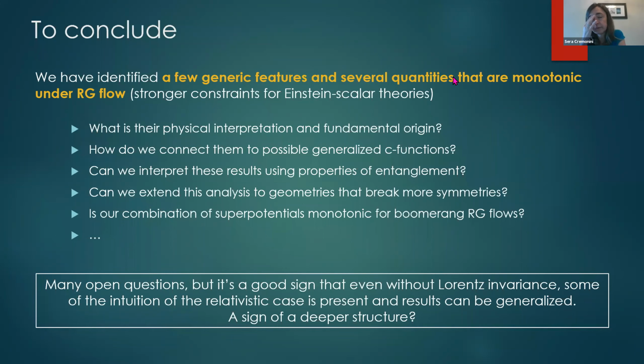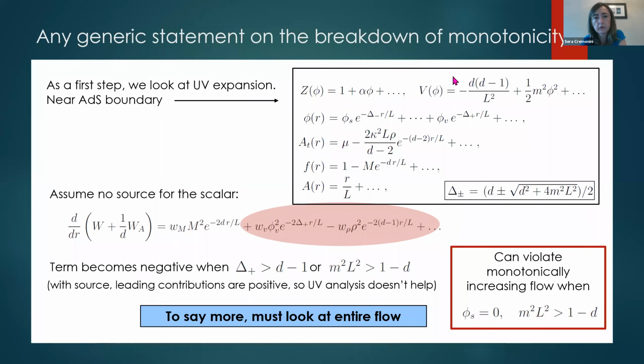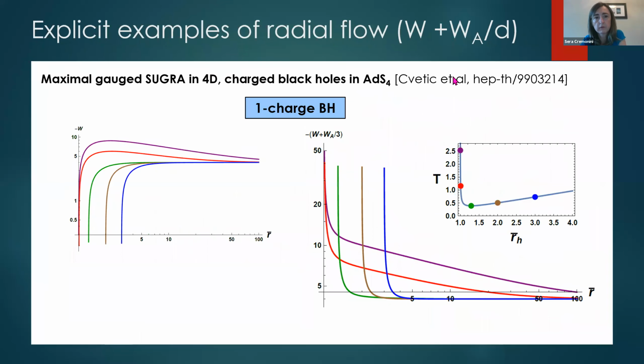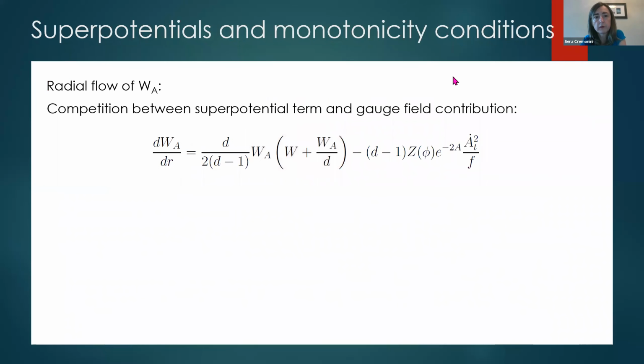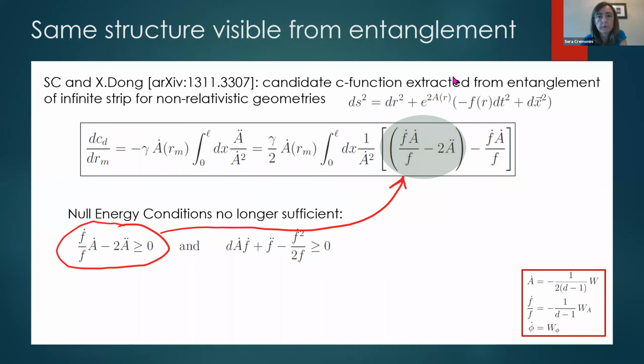So from the point of view of this entanglement entropy calculation, the whole point, or part of the point of this paper, was to find additional constraints that would make this C function monotonic.